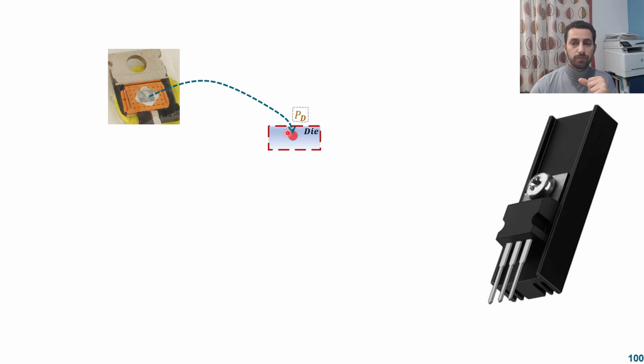That heat will now be flowing through the body of that die and going to the case, and that should be designed by the manufacturer to make a direct flow, an easy way for the heat to go from the die to the case. If it's kept inside, it will exceed the maximum temperature very quickly and damage the junction.